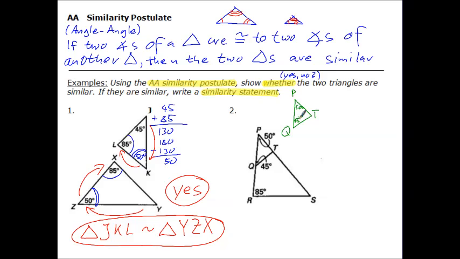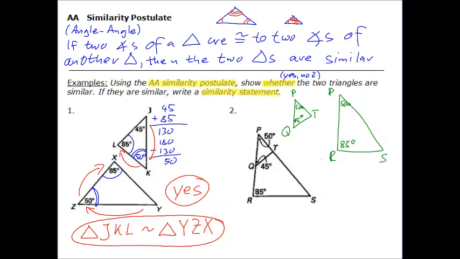And then we have a larger triangle with angles 50 degrees and 85 degrees.